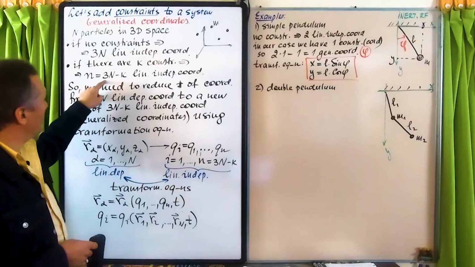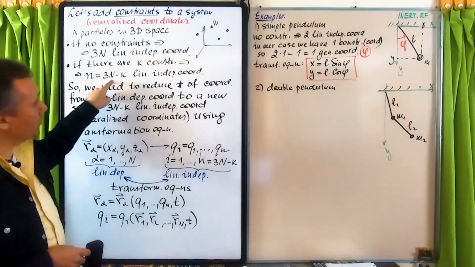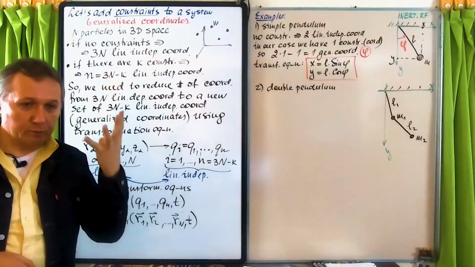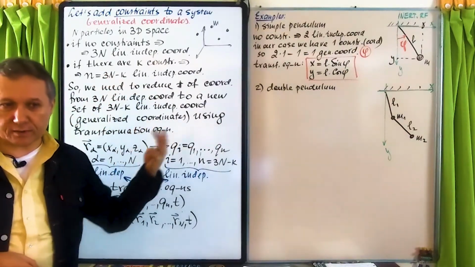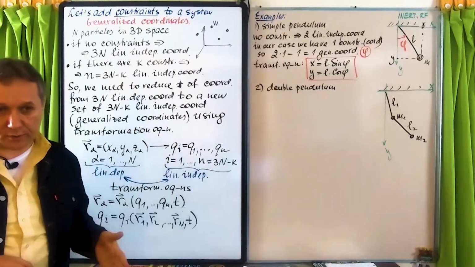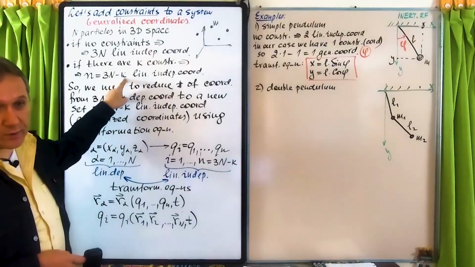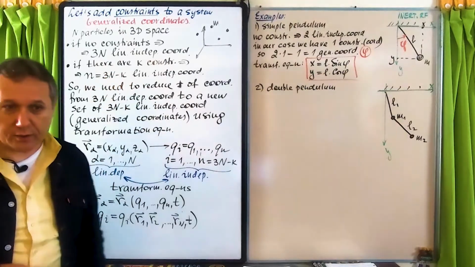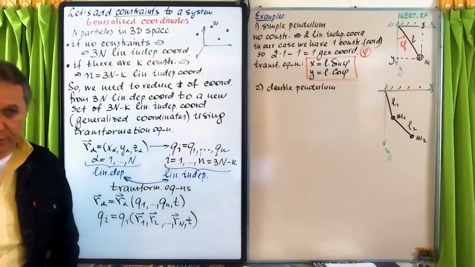So 2 times 2, the number of particles being 2, is 4. If we don't have constraints, we would need 4 coordinates to describe the system: x1, y1, x2, y2. But with 2 constraints, it will be 4 minus 2, which is 2. So we will need 2 generalized coordinates to describe this system.